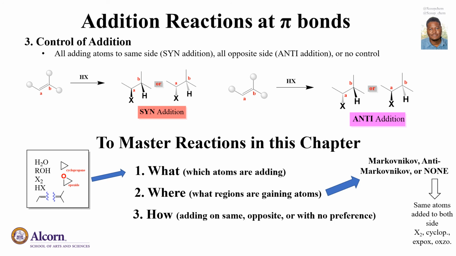But for all the other cases, I need to think about where things are adding, and again, we think of a Markovnikov versus an anti-Markovnikov addition. The last thing to consider to master all these reactions is how. How do these things add? Do they add to the same side, opposite sides, or is there no preference for how those atoms add?